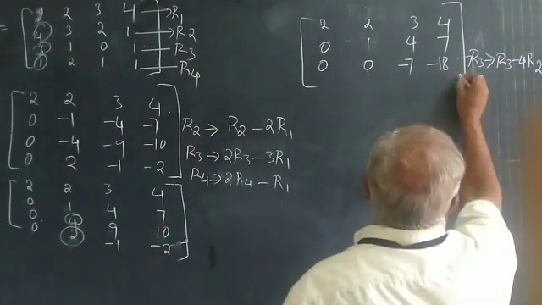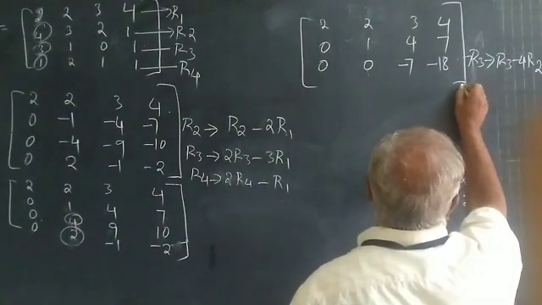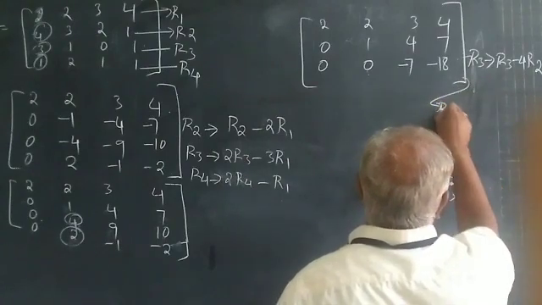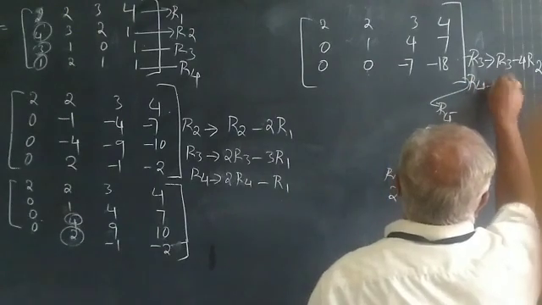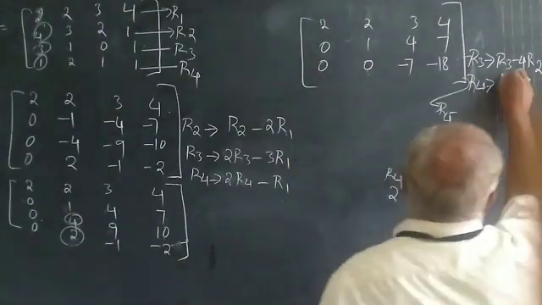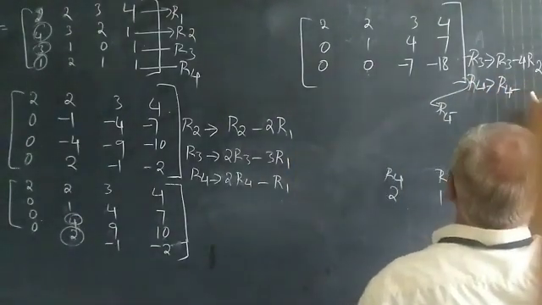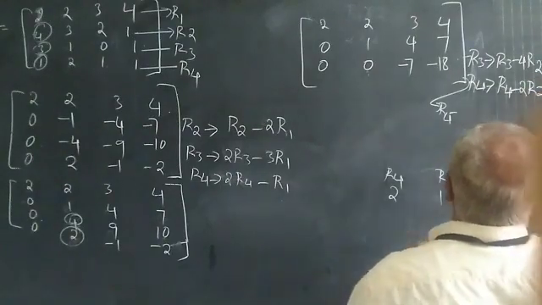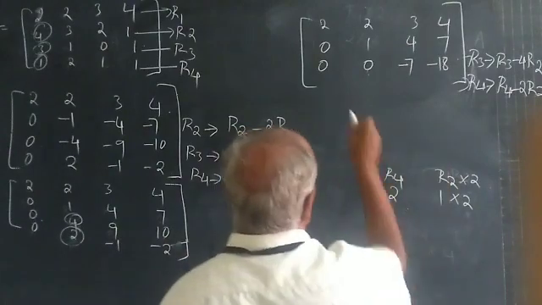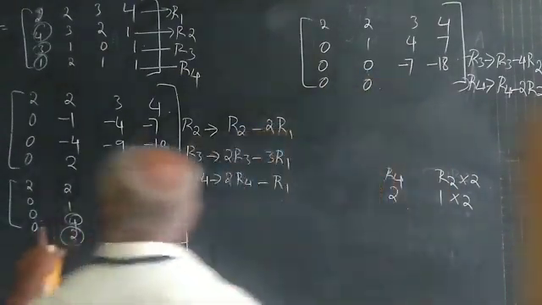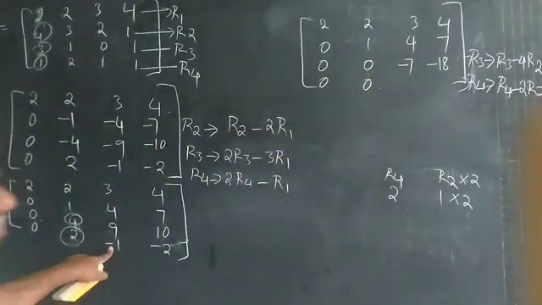So therefore this R4, here I will write R4, it is visible, you see it. R4 is written as R4 minus 2 R2, right? So this second element becomes 0. What is R4?